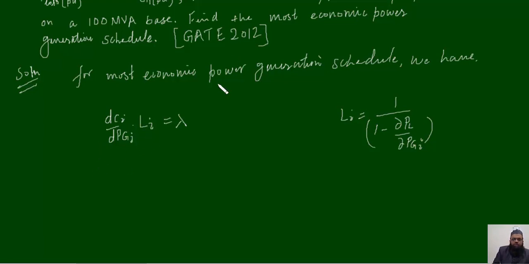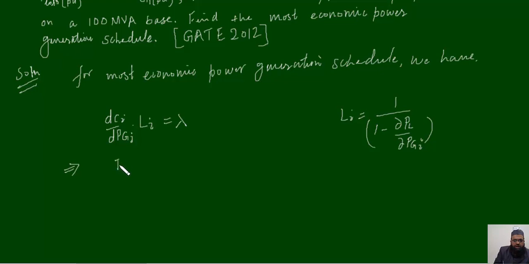So for i equal to 1 or 2, we have two generators. So dC1 upon dPG1 into L1 will be equal to lambda. Similarly, for i equal to 2, dC2 upon dPG2 into L2 will be equal to lambda.